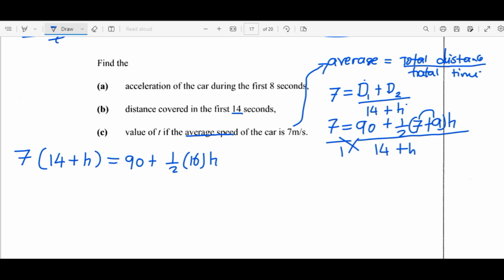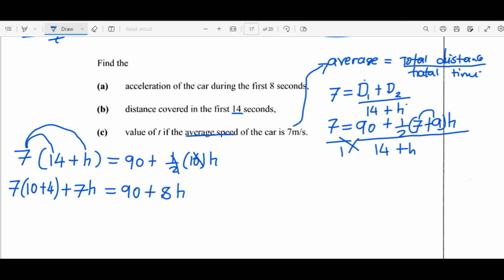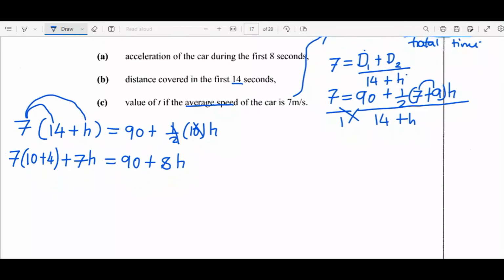Here I'm going to distribute: 7 will multiply with 14, and 7 multiplies with h. If 7 times 14 makes your work hard, we can say 14 is the same as 10 plus 4. It's easy to multiply a number by 10. Then plus 7 times h is 7h, is equal to 90 plus half of 16h, which is 8h. 7 times 10 is 70, 7 times 4 is 28.